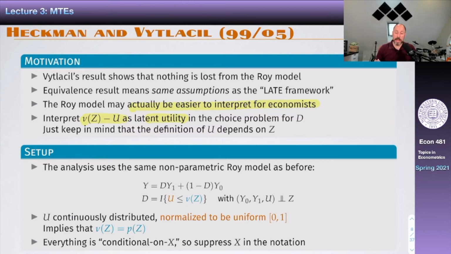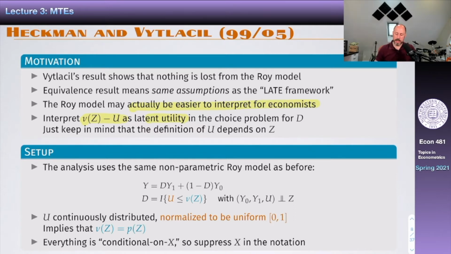So what we're going to do now to talk about this marginal treatment effects is we're going to use this non-parametric Roy model, just have the potential outcomes as always, and we're going to be using this latent variable equation. Notice that D is u less than or equal to b of z, and then we're going to use this independence assumption as in the representation that we described before.